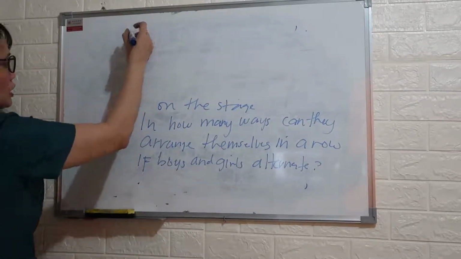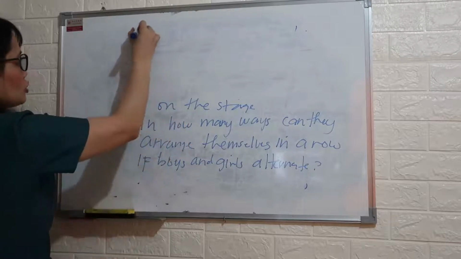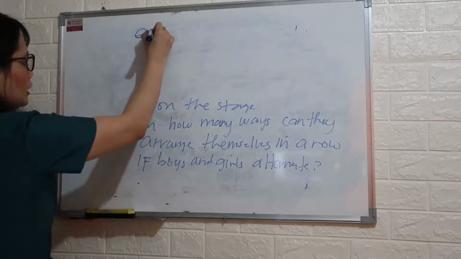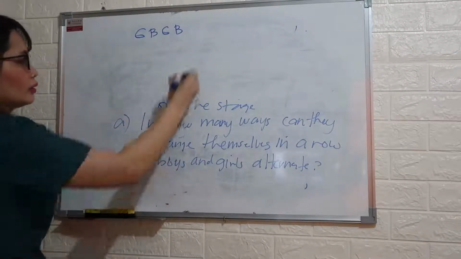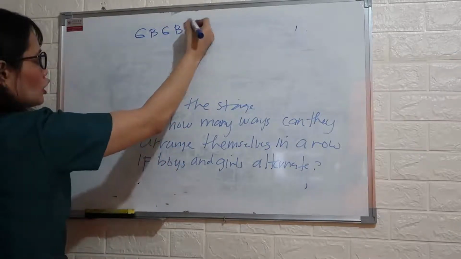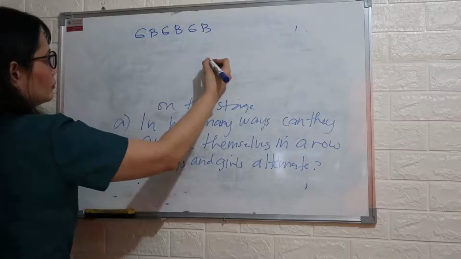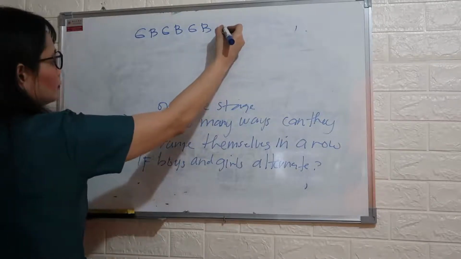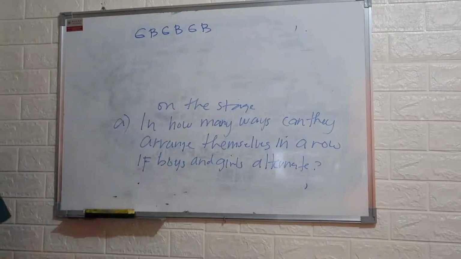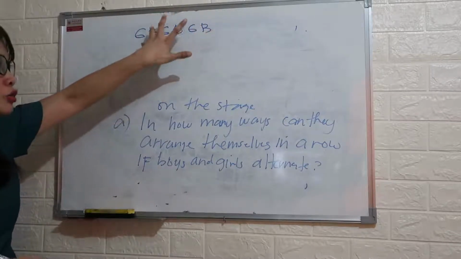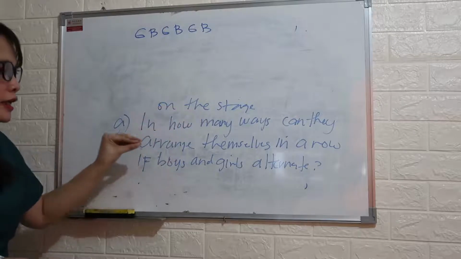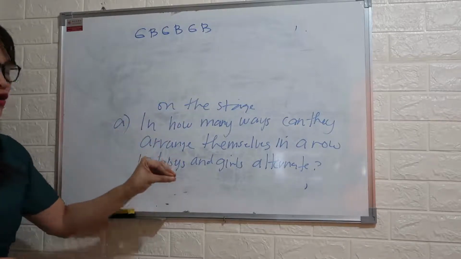Let's say, for example, the first one is a girl, and then boy, girl, boy, girl, boy.